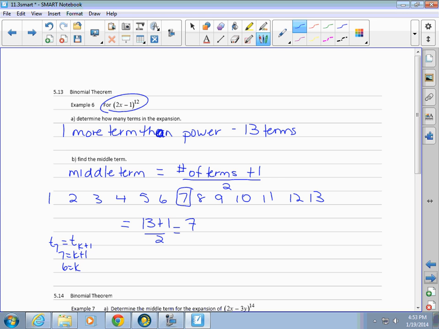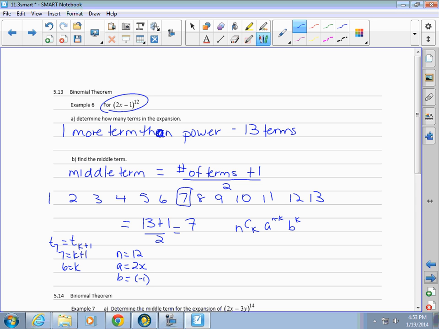So using my term formula, I know my n is equal to 12, my a is equal to 2x in this one, and my b is equal to negative 1. My term formula says nCk times a to the n minus k, b to the k.